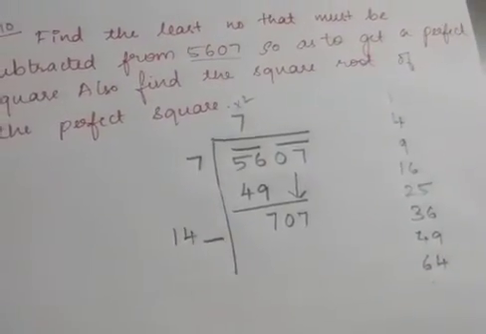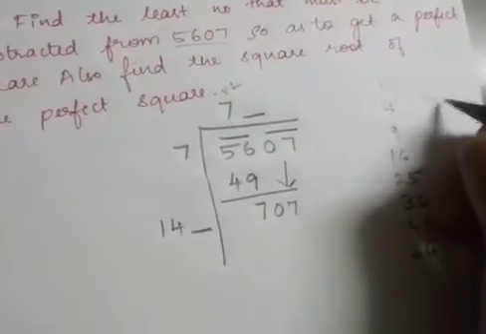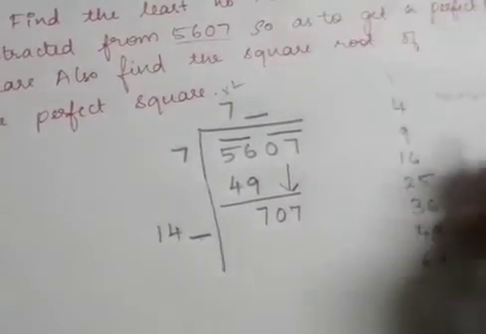Now you should check it. One number should come here as well as here. Upper 141 into 1 is 141.